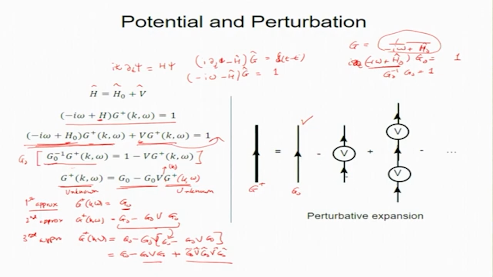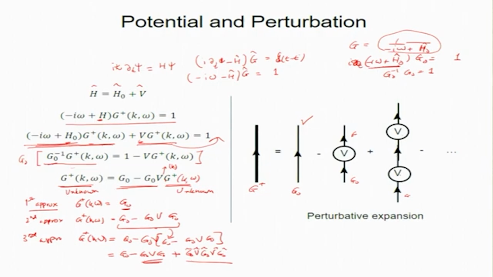So, this is minus, this is my G naught V G naught. Okay. So, it is a diagrammatic way to represent this operator. Next is plus G naught V G naught V G naught. Okay. So, these are 3 G naughts and 2 V's, and we can go on. So, this is an infinite series.